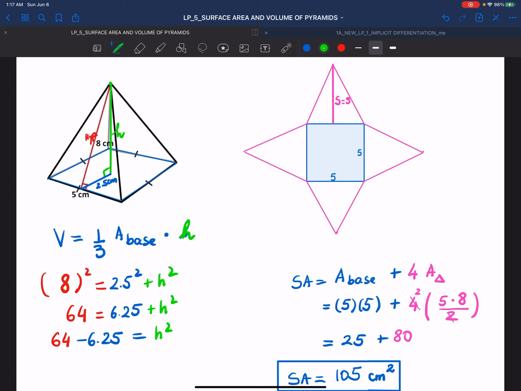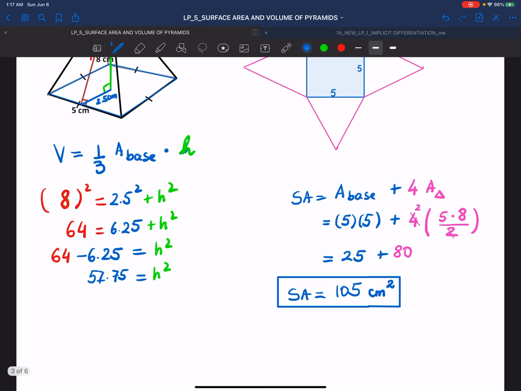That will make h squared equal to, the way I subtract this in my head is 64 minus 6, that's 58, but then take away 0.25, that's 57.75. So that means that h equals the square root of 57.75.